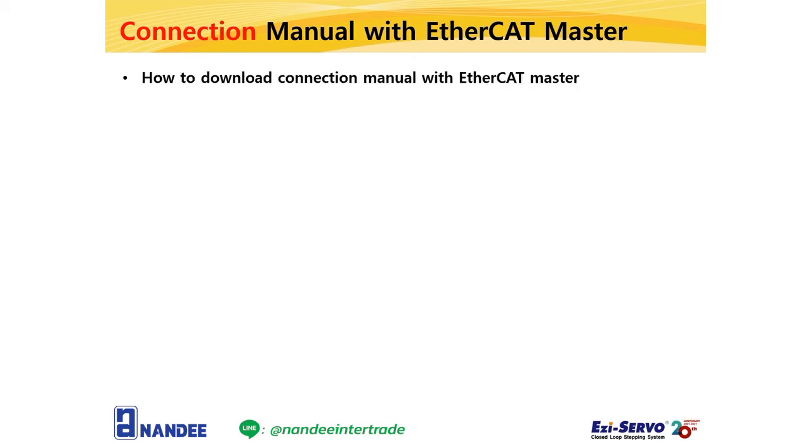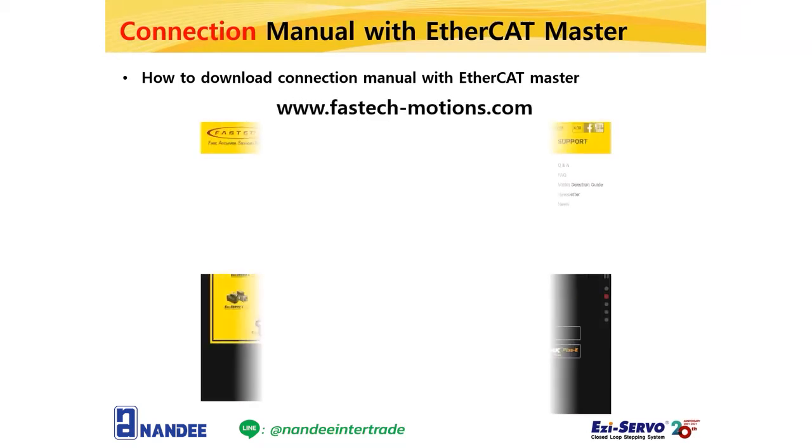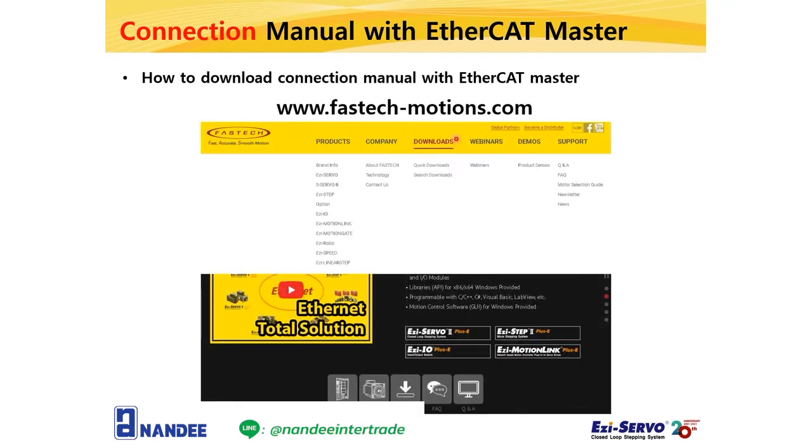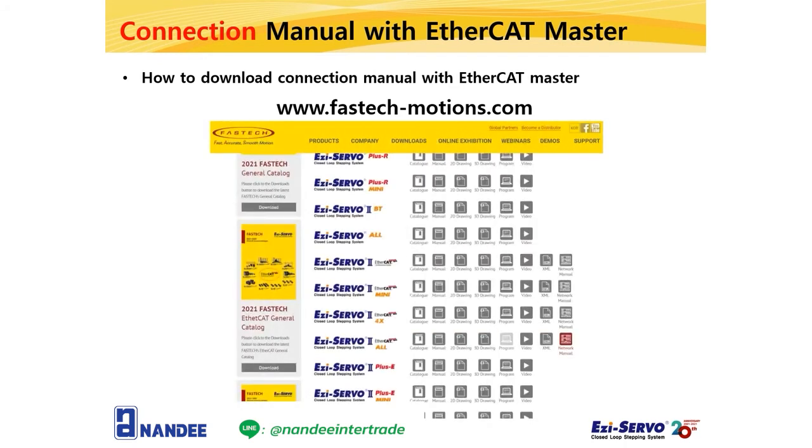And, EtherCAT connection manual with each master can be downloaded from FASTECH website. If you access the following address and place the mouse pointer on the Downloads tab of the home page, an item called Quick Download appears. Click on the item to display a list of products.